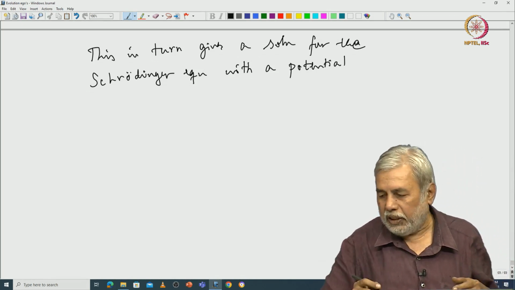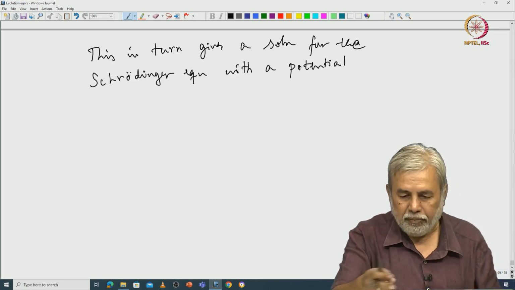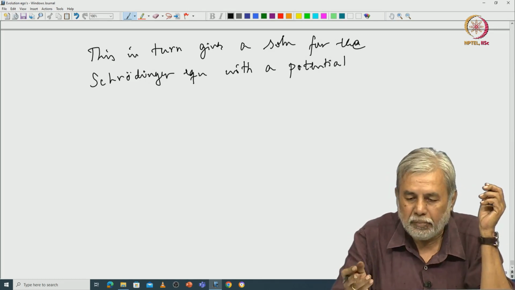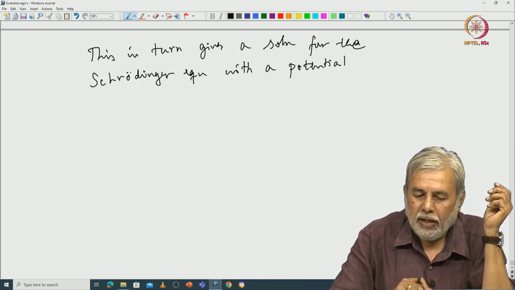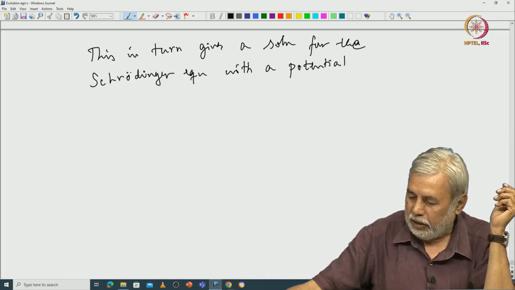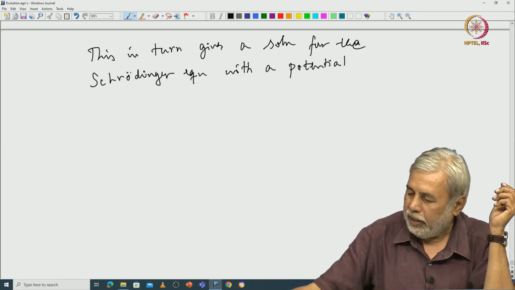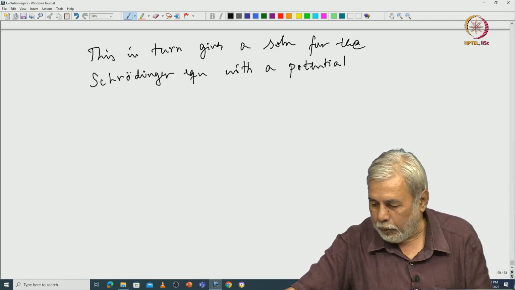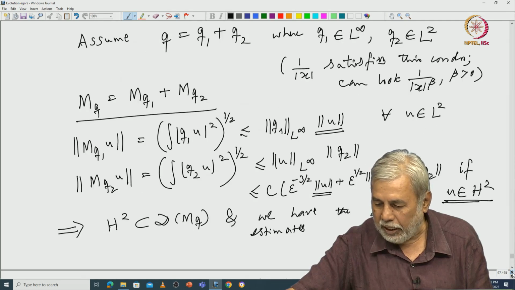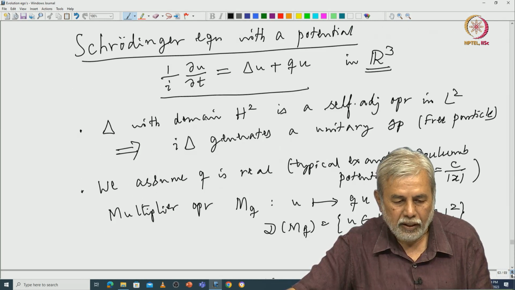Of course, with some simple assumptions, like that the potential can be written as a sum of an L2 function and an L infinity function. But of course, it in no way gives a way to write down the solution like we did for the Schrodinger equation without potential.